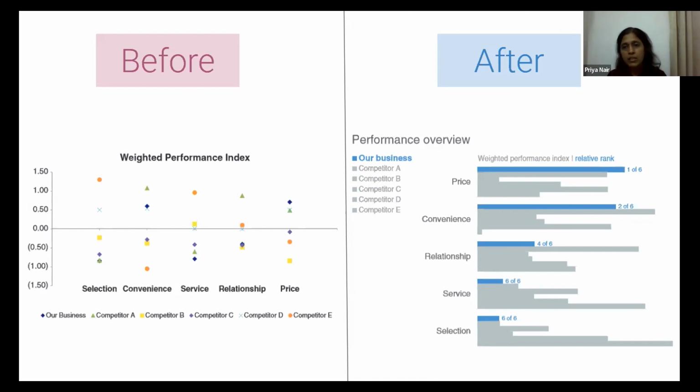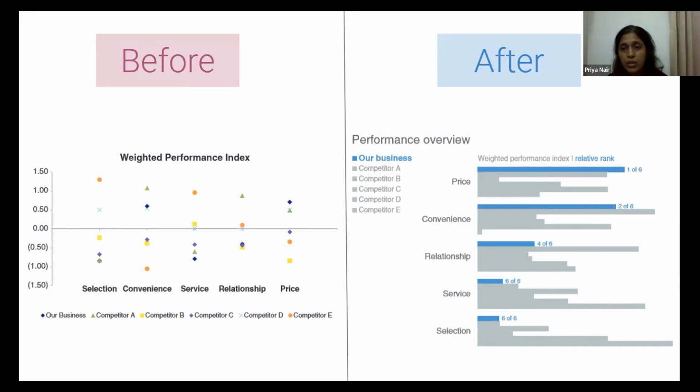So the weighted index is converted into a positive scale, and also if you look at it, the categories have been displayed in descending order of their ranking, right? With the best performance category at the top, followed by the next best, then the next best, and so on. So you have price first, because that is where our business is performing the best.